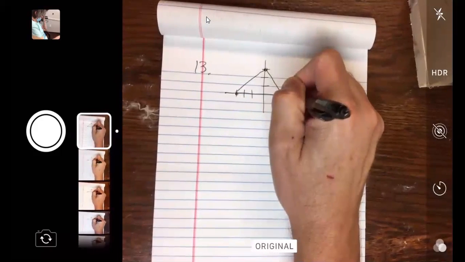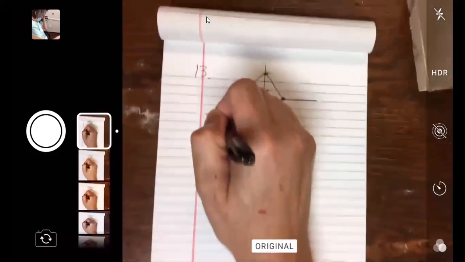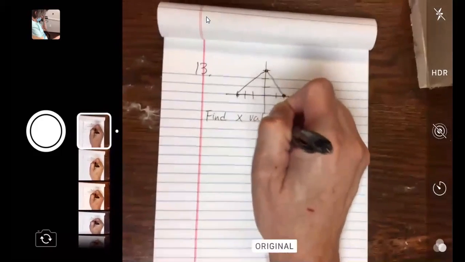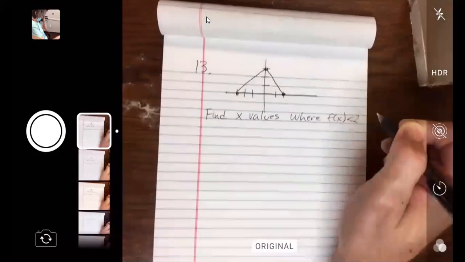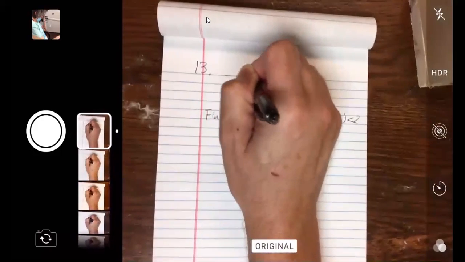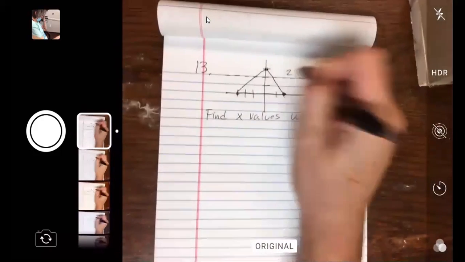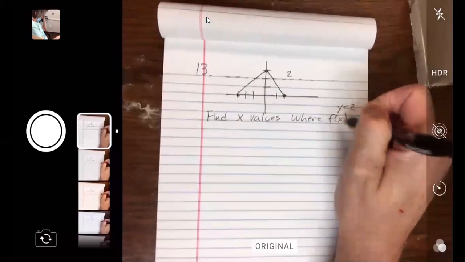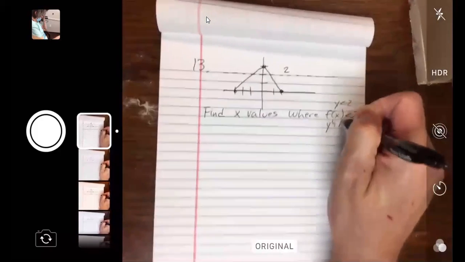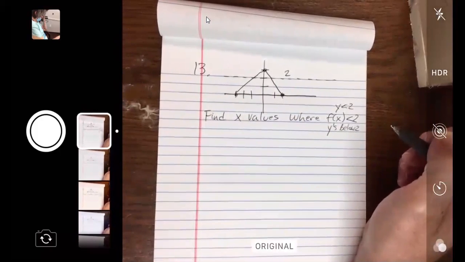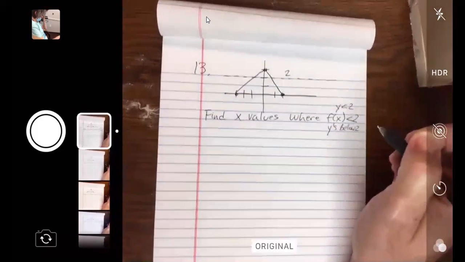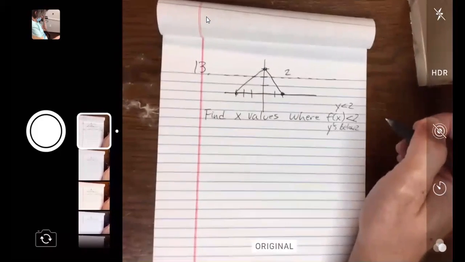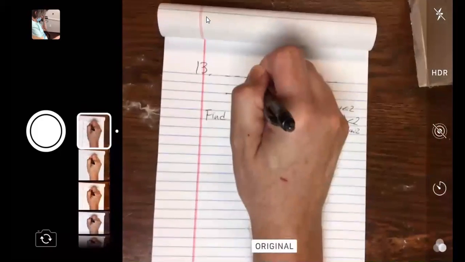So I want to find x values where f of x is less than 2. That means y is less than 2, which means your y's are below 2. Yeah, I think you're right. I messed it up. I did it above 2. Wasn't thinking right.